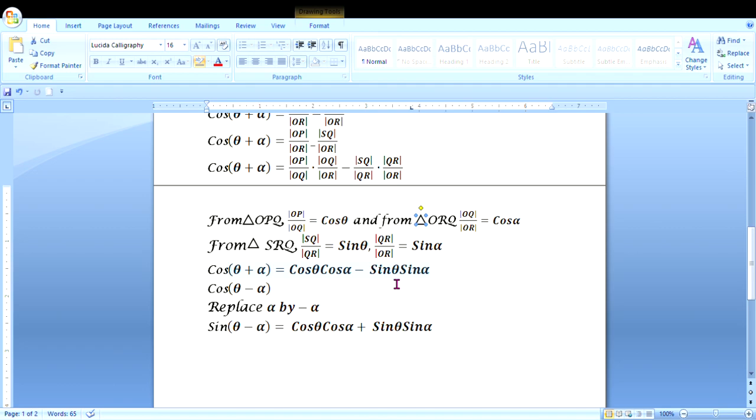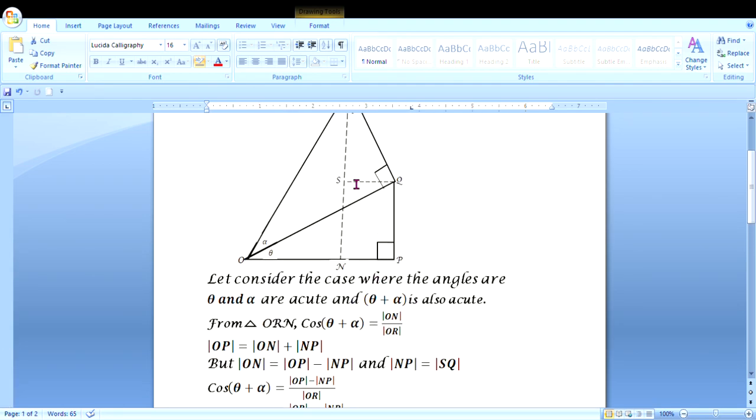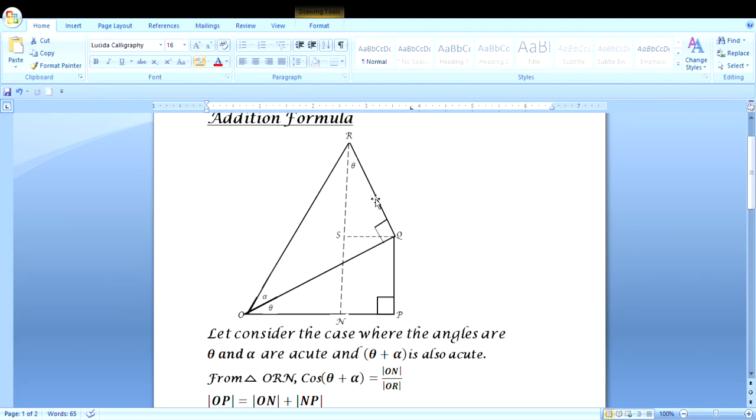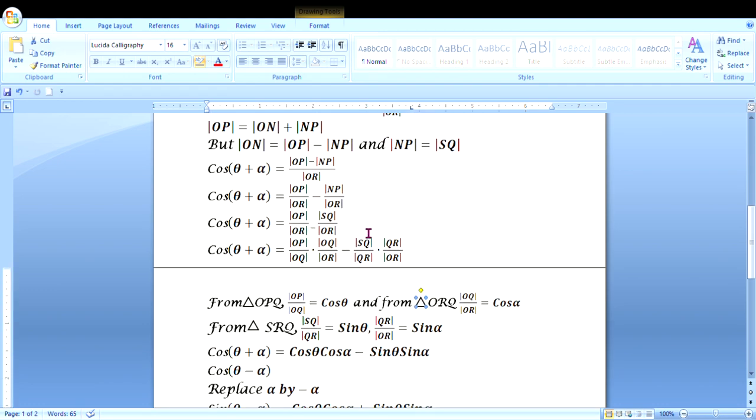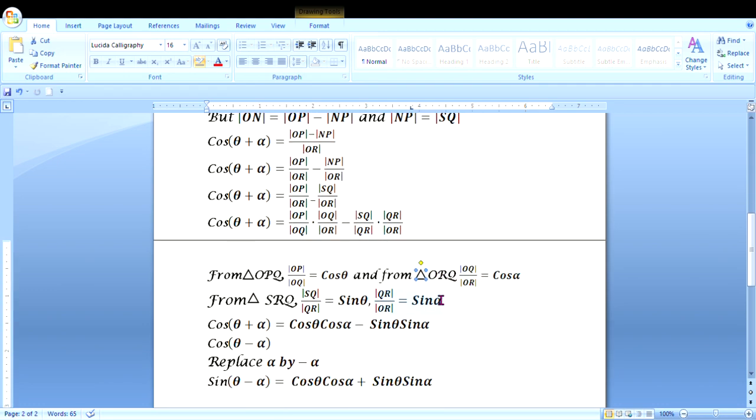Now let's look at what connects the line SQ and the line QR. We are looking at this angle here, angle theta. SQ is the opposite, and RQ is the hypotenuse. So this is sine theta. What connects SQ and QR is sine theta.